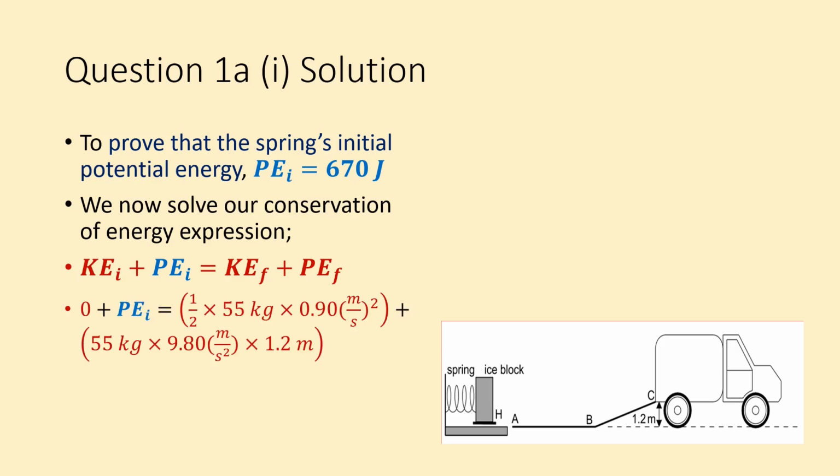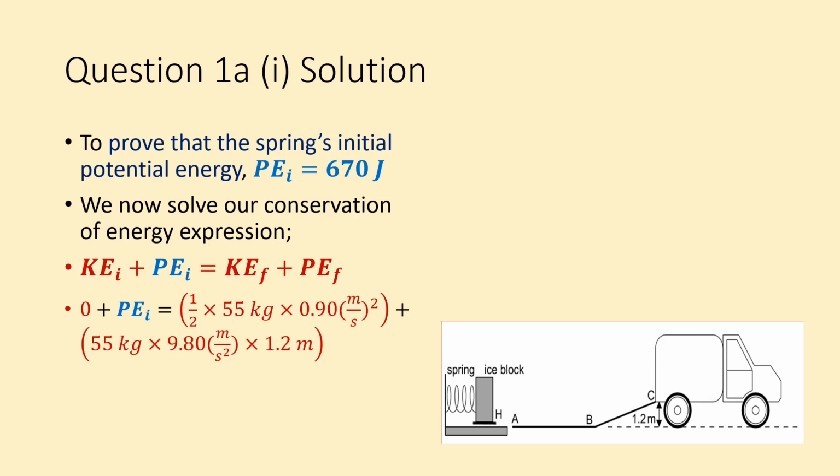We know that our initial kinetic energy is zero. Remember, the spring was compressed and we assumed that it was stationary before it was released. So that's why we have our KEI value as zero. Now our PEI value is our total mechanical energy in our initial phase, where I represents initial, right? Since there is no initial kinetic energy, the total mechanical energy consists purely of the spring's initial potential energy.